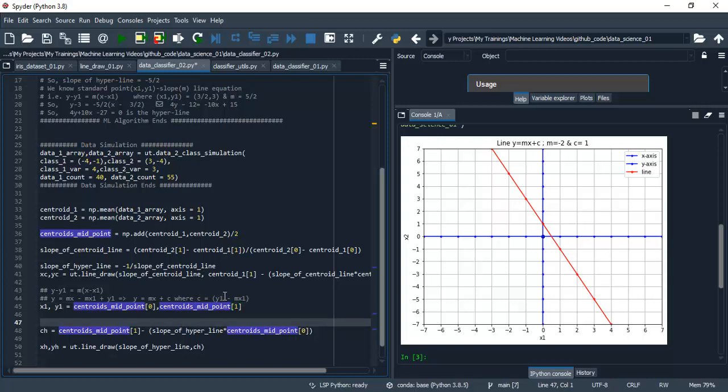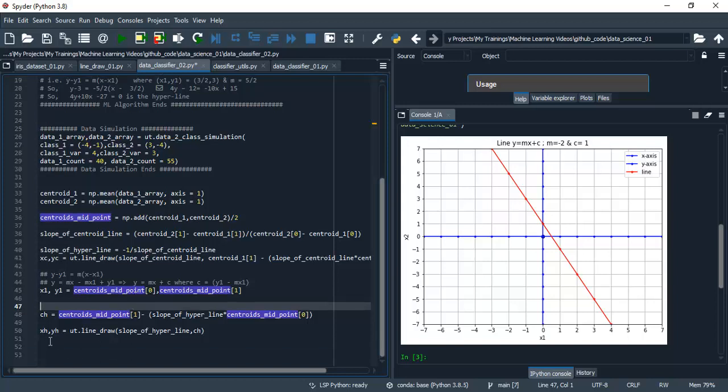So ch is nothing but the centroid midpoint 1, okay, minus slope of hyperline into centroid, that means mx1 point, right? The point which is on that line, and then we have seen that the midpoint of the two centroids is on the line, so centroid midpoint 0. Okay, so that is how ch is calculated.